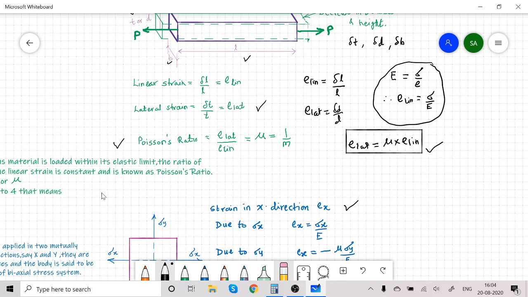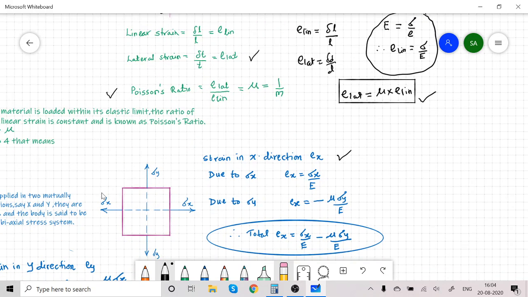The lateral strain is always opposite to linear strain. Therefore I am giving a minus sign here. I will repeat, due to sigma y, strain in x direction is mu sigma y upon E, but with a negative sign. Here I am considering sigma y is tensile and sigma x is also tensile. So sigma y will produce positive effect on x direction but negative effect on y direction.